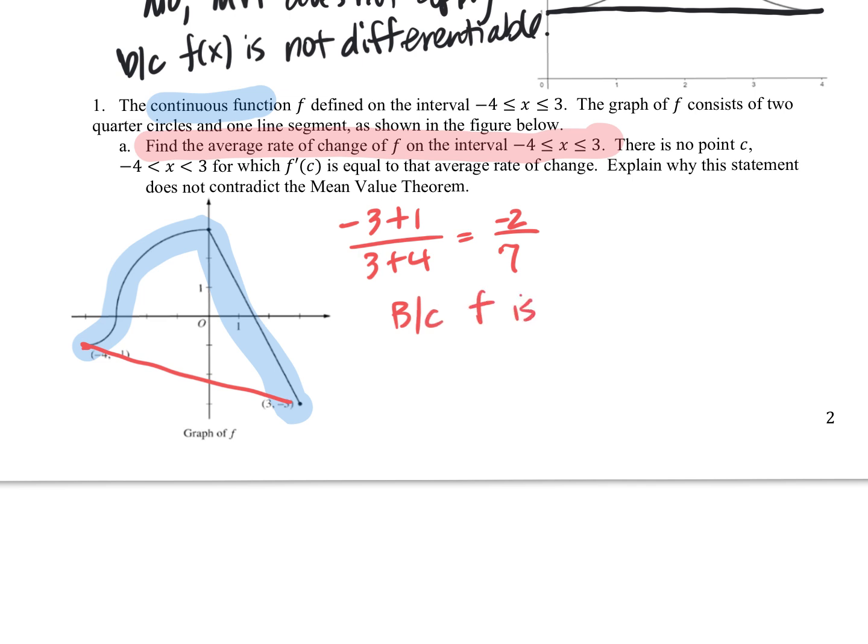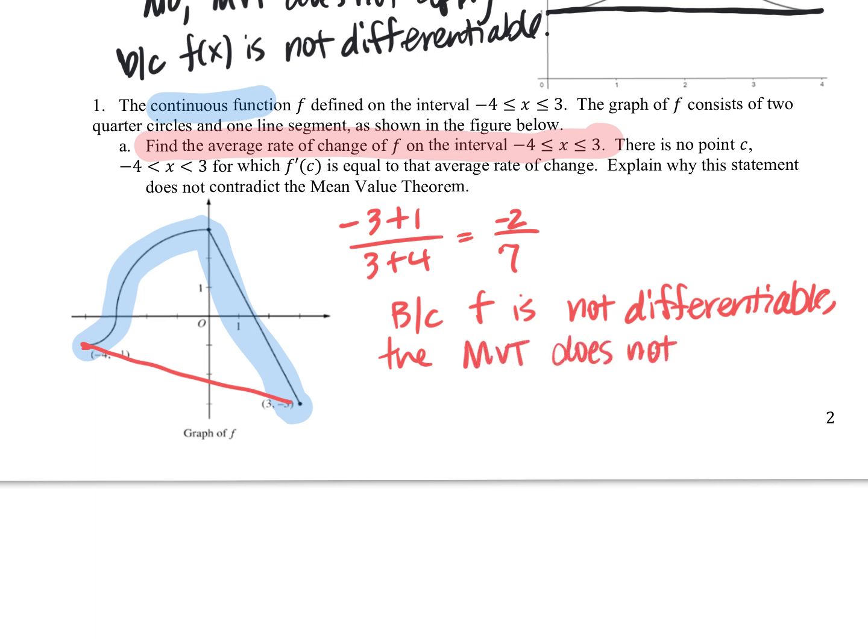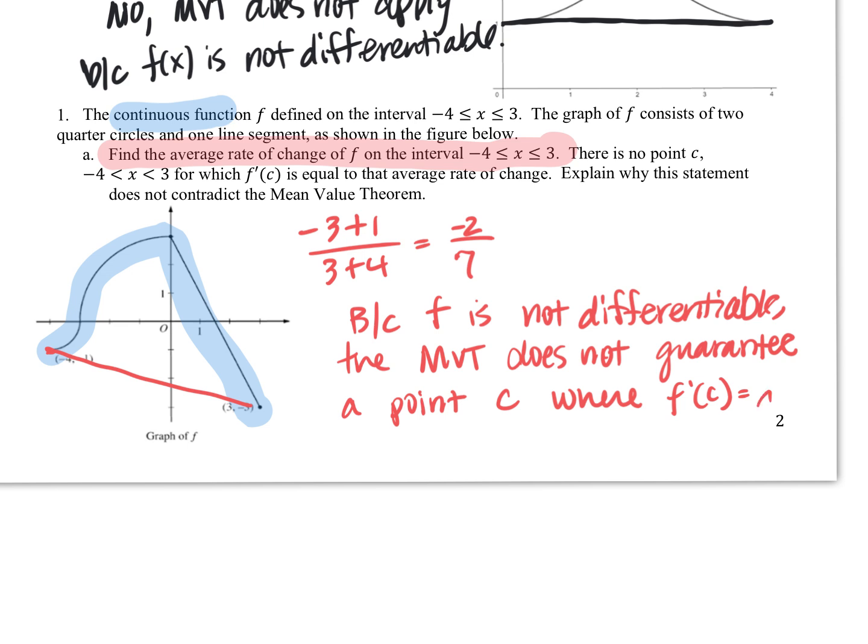Because f is not differentiable, the mean value theorem, MVT, does not guarantee a point C where, and I'm just using their language right here, f prime of C equals the average rate of change.